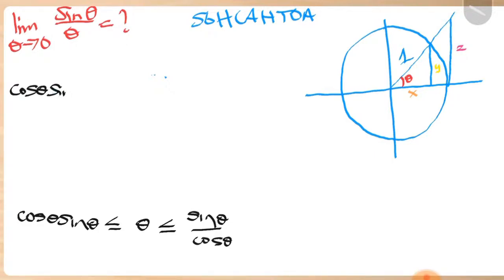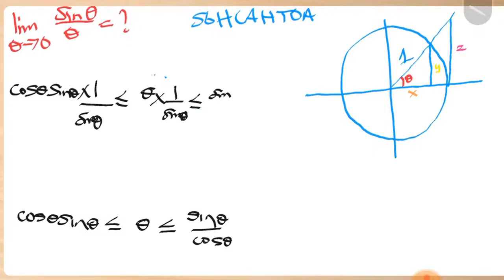So we have sine theta multiplied by 1 over sine theta, then greater than or equal to sine theta multiplied by 1 over sine theta, greater than or equal to sine theta over cos theta multiplied by 1 over sine theta.